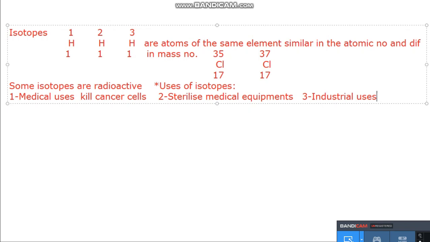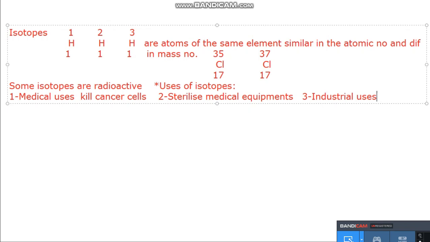So we can know that there is a leak in the oil or gas pipeline. So we have here three uses. Of course, we have extra uses for isotopes, but here we have only three.